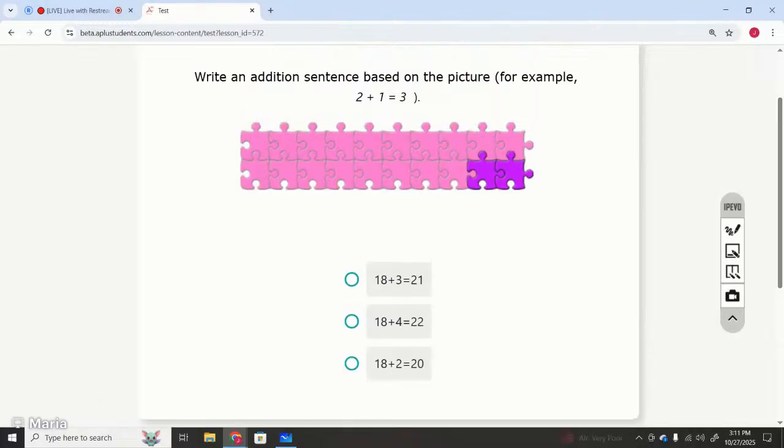Write an addition sentence based on the picture. That is 18 plus 2 equals.